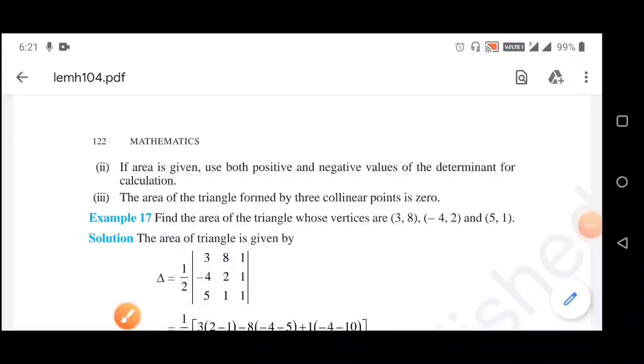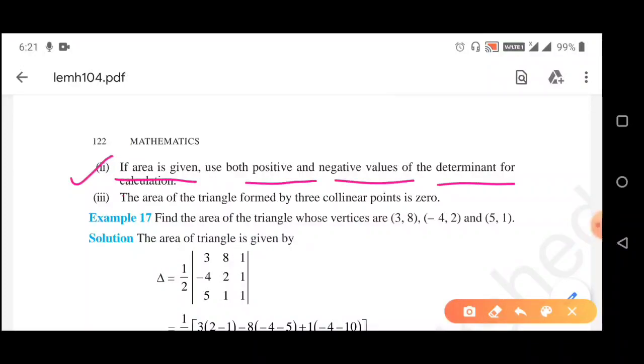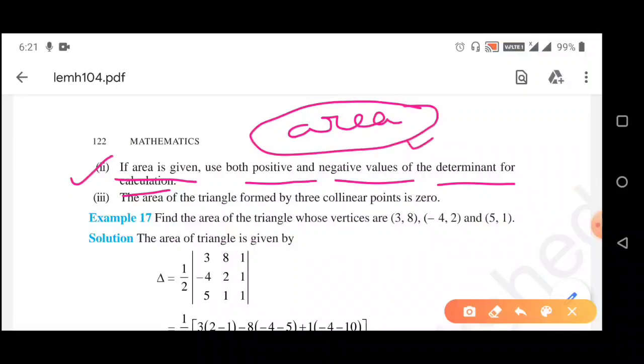The next one is, if area is given, use both positive and negative values of the determinant for calculation. That means whenever in our question area is given, then we have to find other things using this area, and we will use both positive and negative values for our calculation.